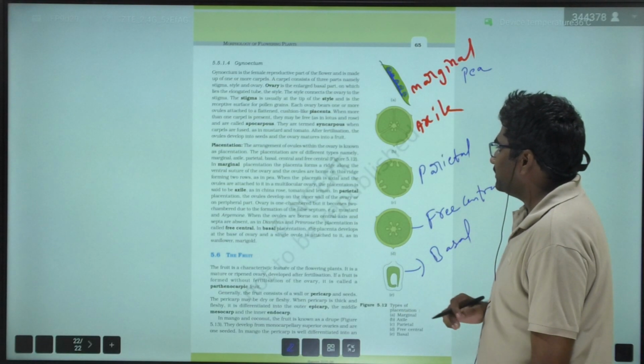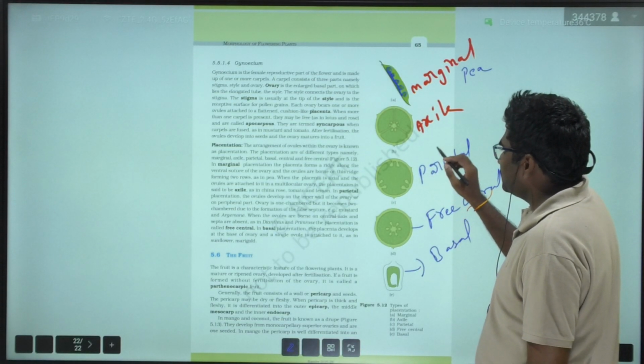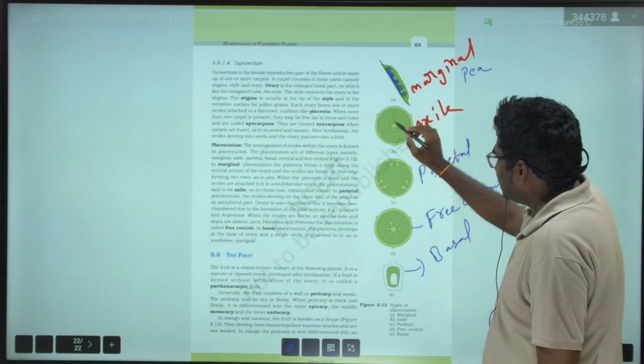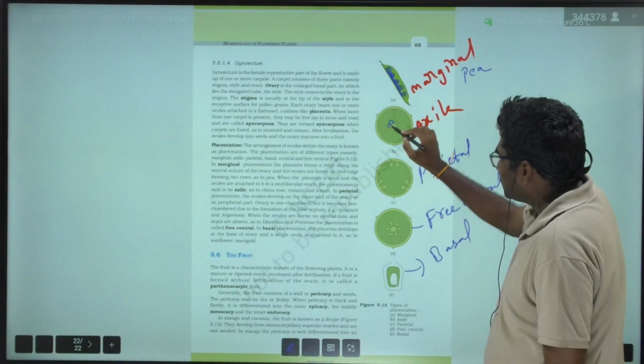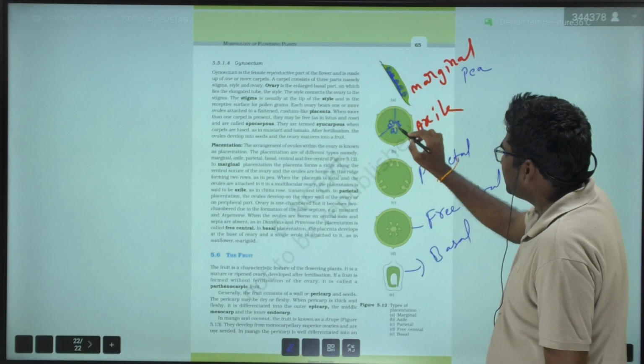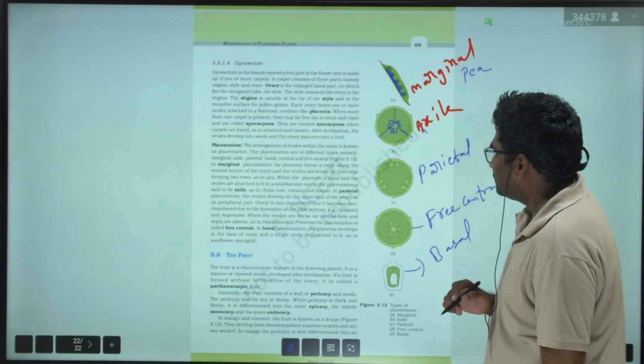Next, axial placentation: here the placenta develops in the center, and the ovules are borne on it by forming septa.